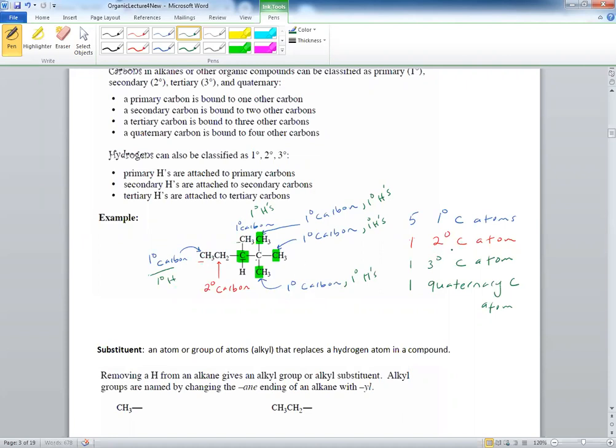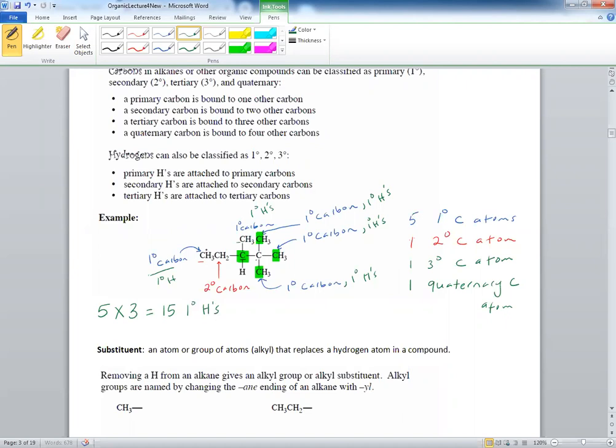To find the number of hydrogens, if there are no other atoms, you multiply by 3. So in this case, I have 5 carbons that are primary times 3, and that would give me 15 primary hydrogens.